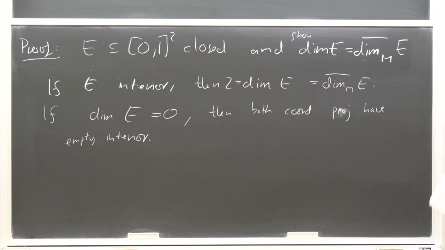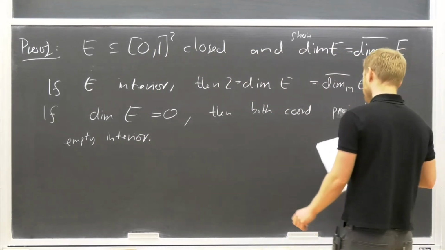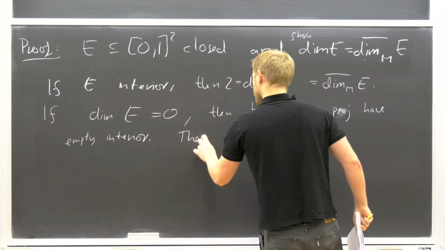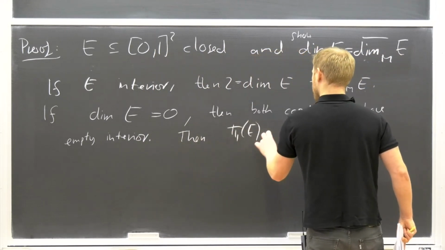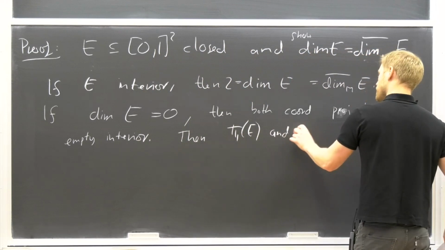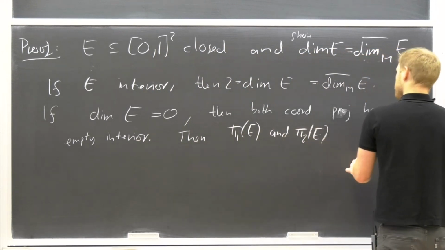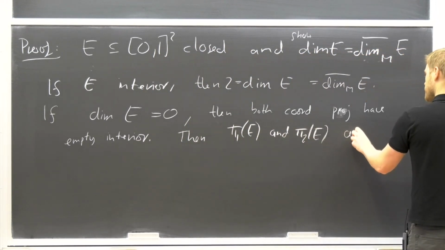So then we know that both projections, on the first coordinate and on the second coordinate, are nowhere dense.